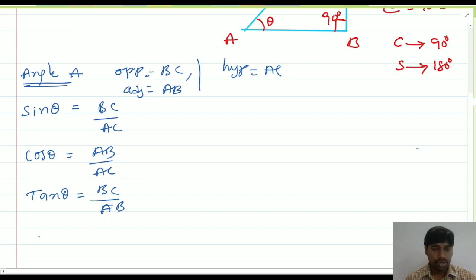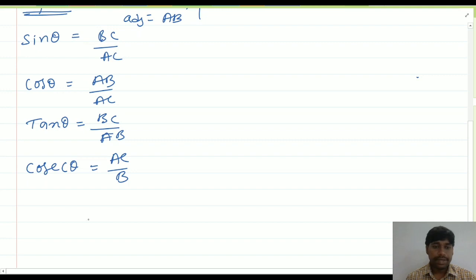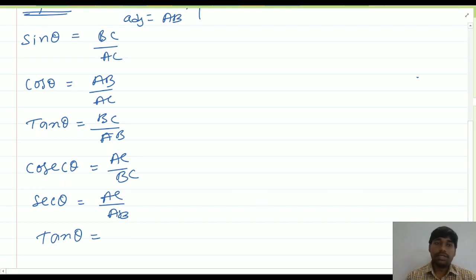Now make the reciprocals. Cosec theta is the inverse of sine, that is AC upon BC. Next, sec theta is AC upon AB. Next, cot theta can be written as the reciprocal of tan.